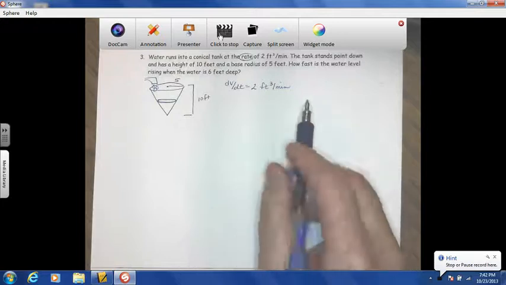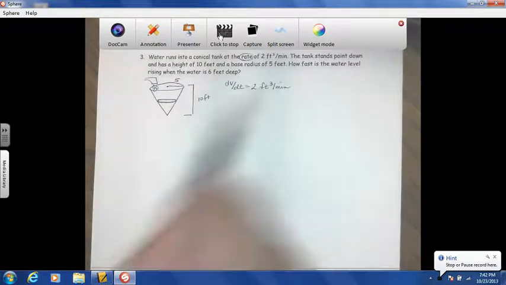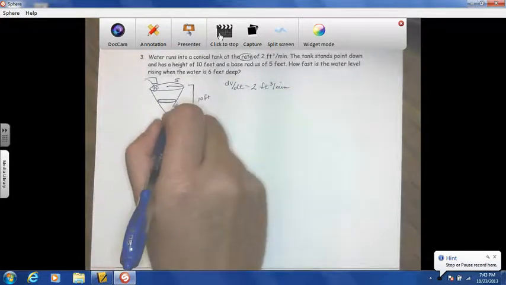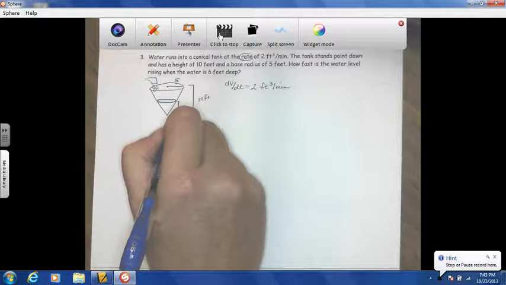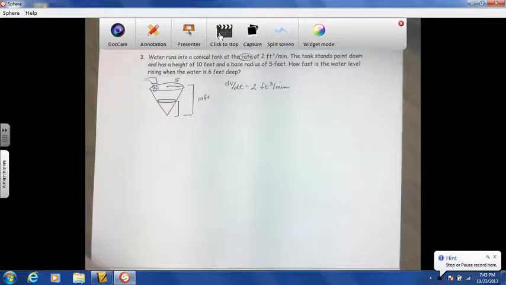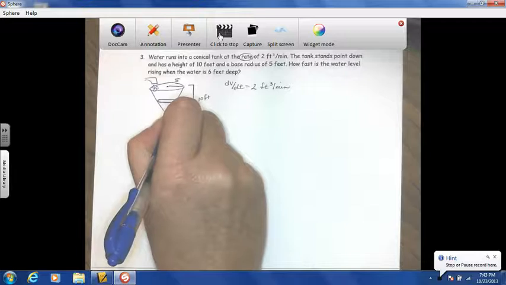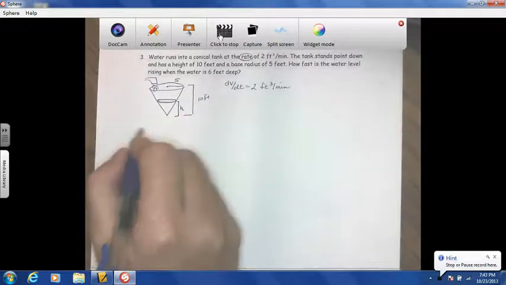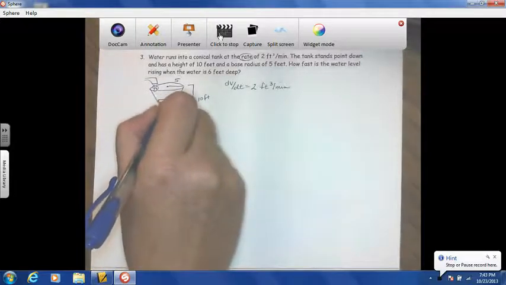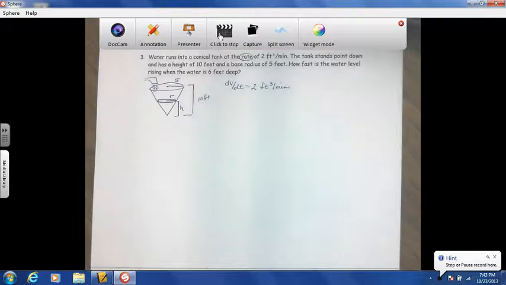So now, we're supposed to find how fast the water level is rising. So the water level is going to be this height right here. Now that changes as the water is being poured in, so I'm going to call that variable h. As the water is poured in, we also have the radius changing as well, so I'm going to call that r. Now, we're trying to find how fast the water level is rising.